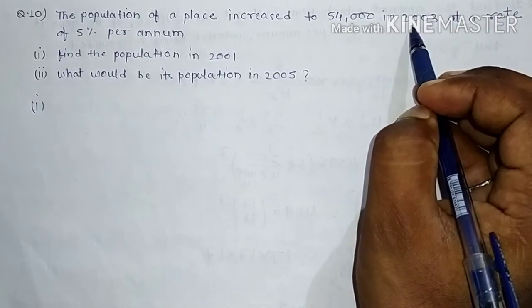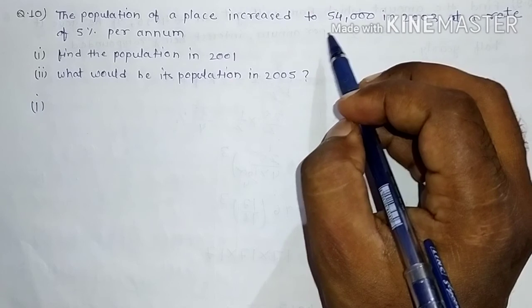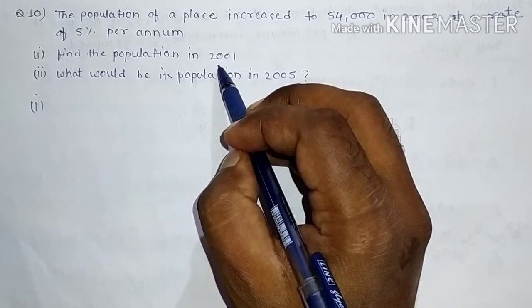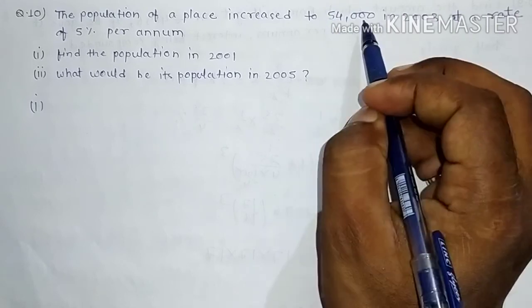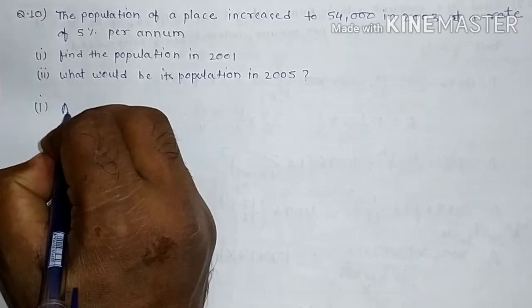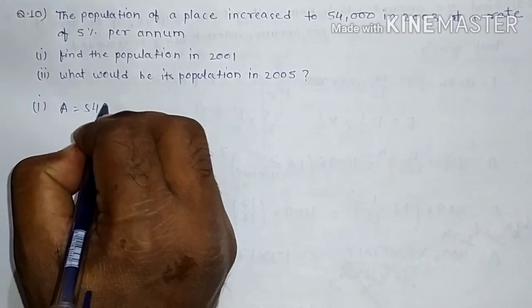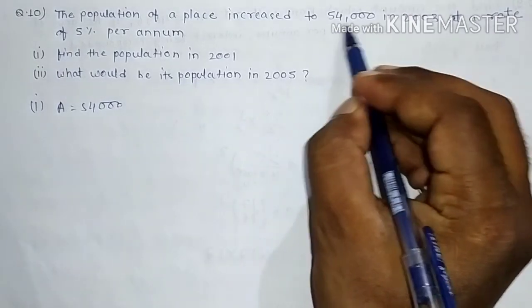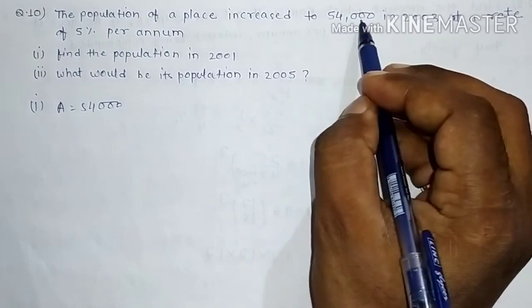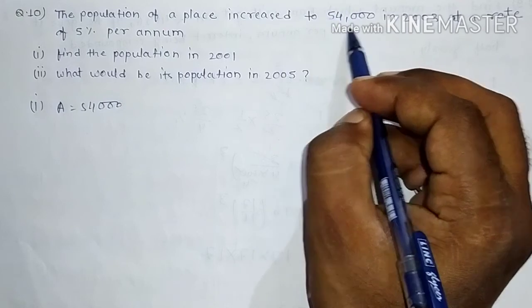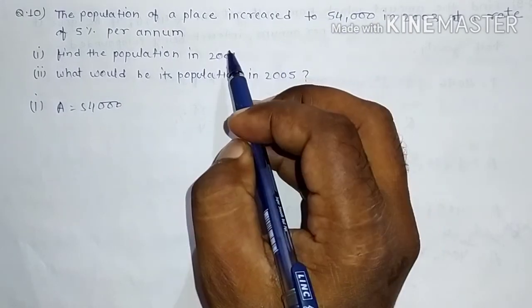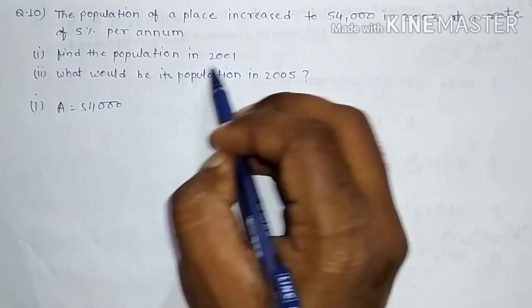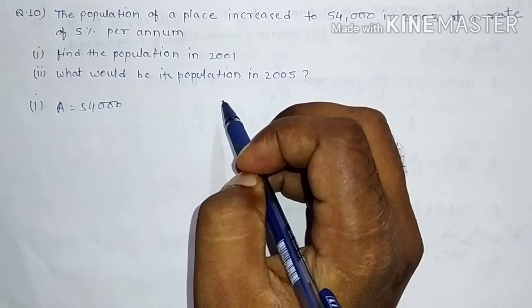So less than means it may be principal, and 54,000 which is greater, that means it may be amount. So amount equals to 54,000. It is given 54,000. We can take it as amount because 54,000 is greater population than the population in 2001. Okay.